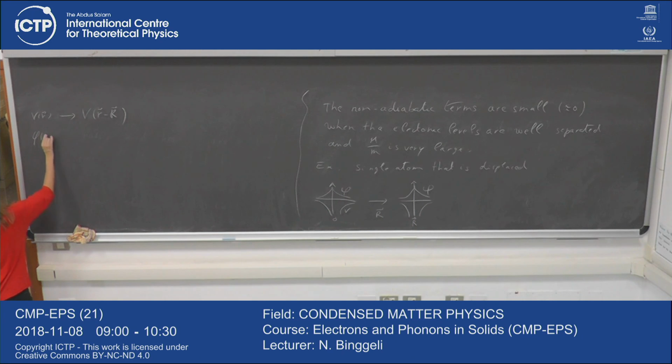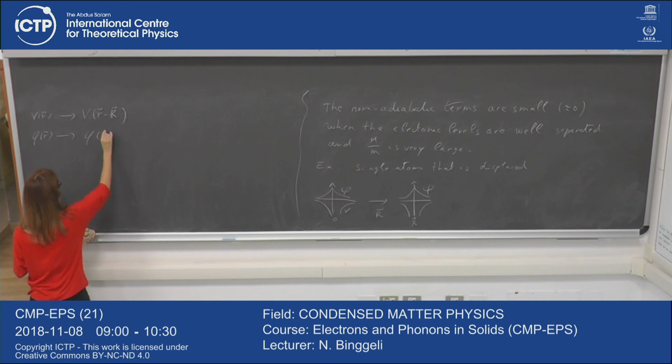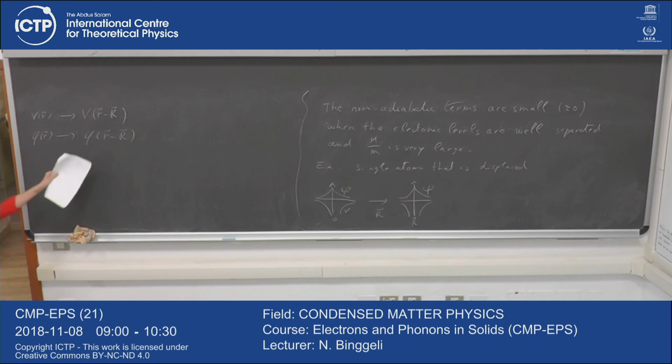So the wave function that was phi centered at the origin becomes the wave function phi centered around the vector r.